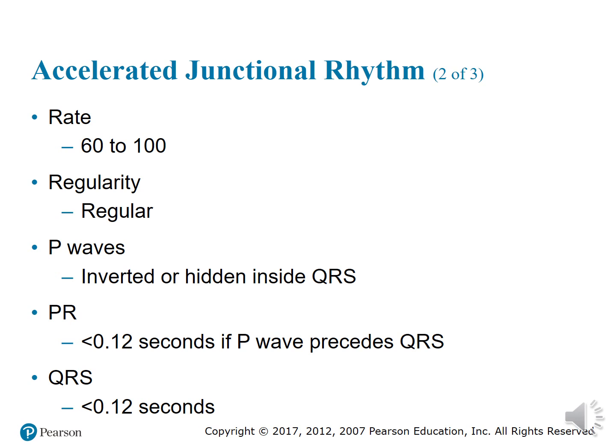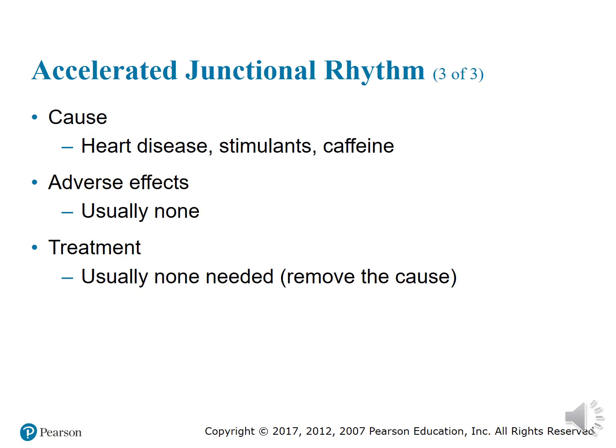Your QRS still falls within the norm, which is less than or equal to 0.12 seconds. Causes of an accelerated junctional rhythm are heart disease, stimulants, or caffeine.